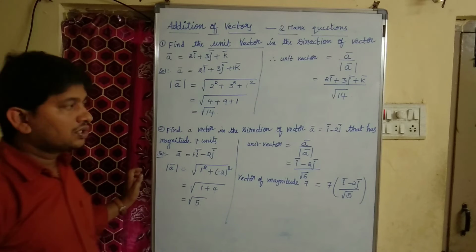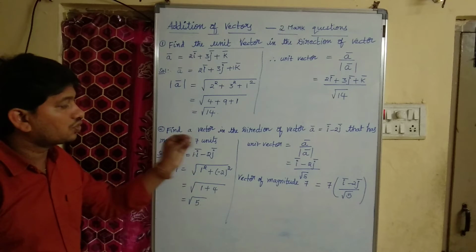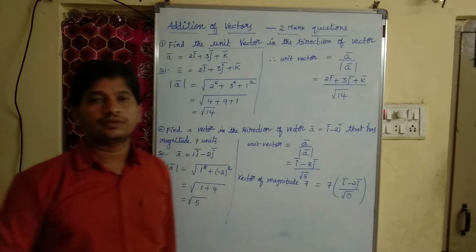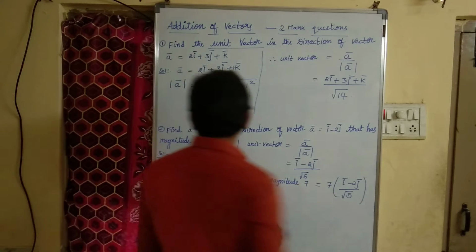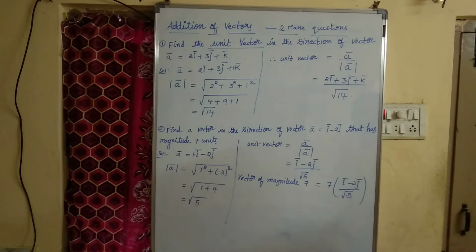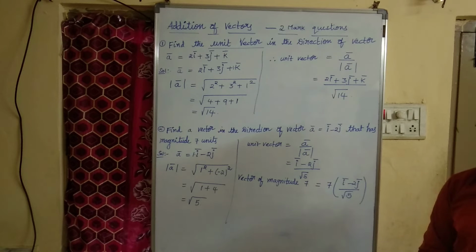That's all, children. Vector of magnitude 7 is 7 into unit vector. So that is our second question: find a vector in the direction of vector a bar that has magnitude 7 units. Okay, children.